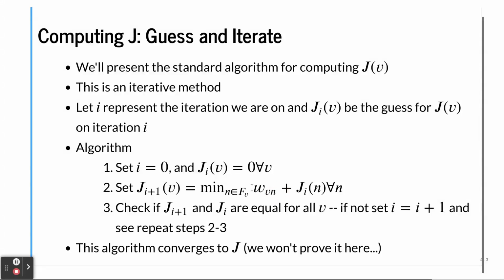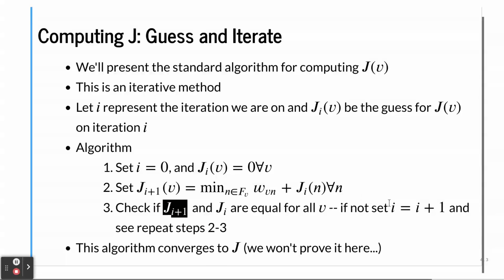Now note that the minimum weight that we've just computed, and set J1 equal to, will make J1 different from J0 at all nodes except our destination. So now we've updated or changed our guess for J. And the final step in the algorithm, within this loop, is to check if J sub i and J sub i plus 1 are equal for every node.